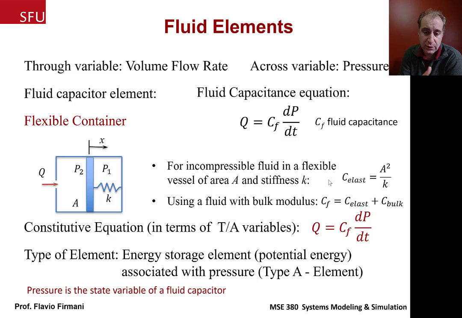One is associated to the mechanical model of the flexibility of the container, and that will lead to a fluid capacitance related to the elasticity of the container, equal to the square of the area, which we're just assuming is a cross-section area.